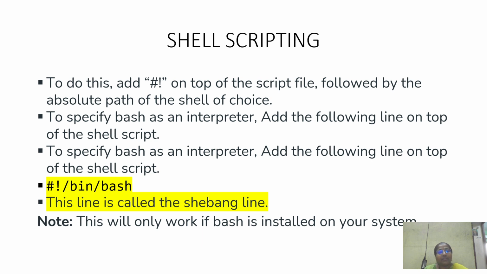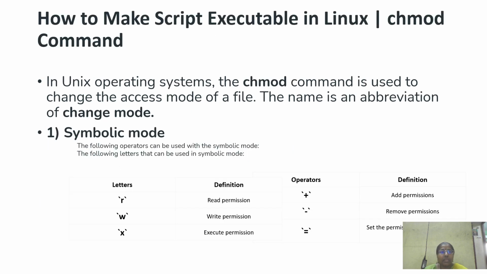If you are using any other shell, you have to install the corresponding shell and then execute the script in that shell. This first line is called the shebang line, and it will work only if bash is installed on your system.